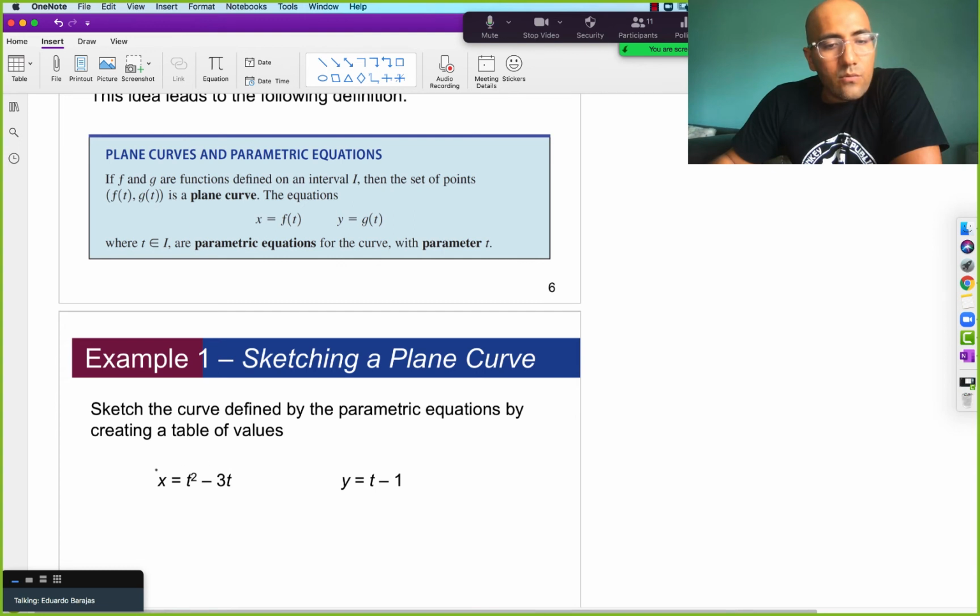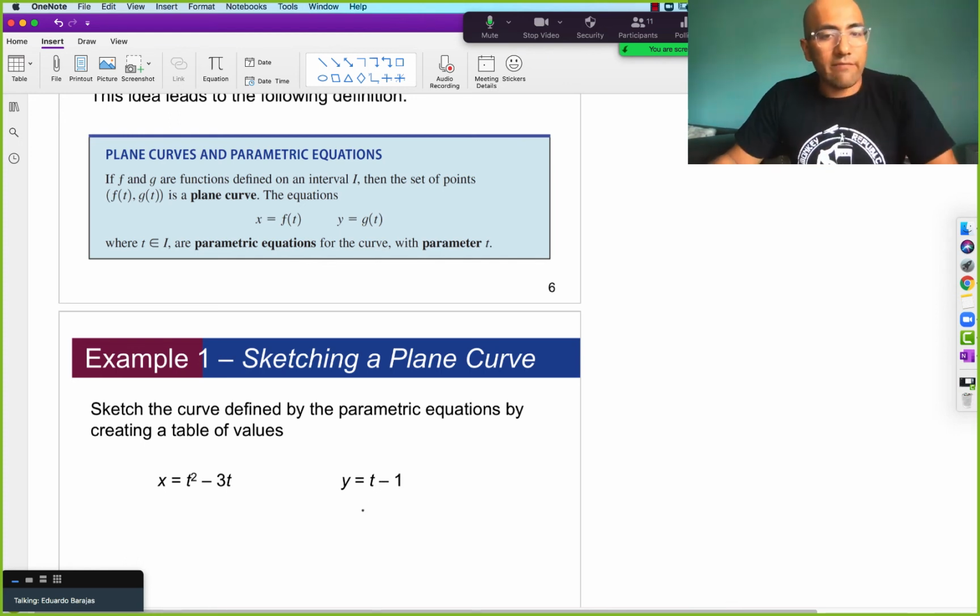But now, instead of letting x just be any value that you can choose, the independent variable within a certain domain, the x coordinate is itself going to be the result of an equation written in the variable t. And the y is also an equation written in the variable t. Good. So the t is called the parameter of these guys.